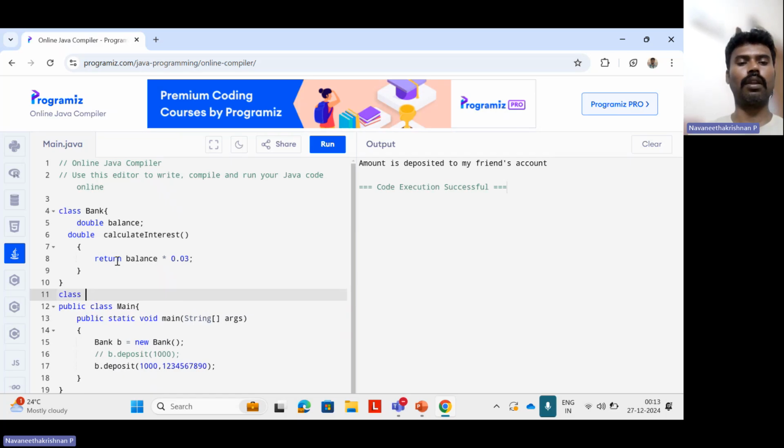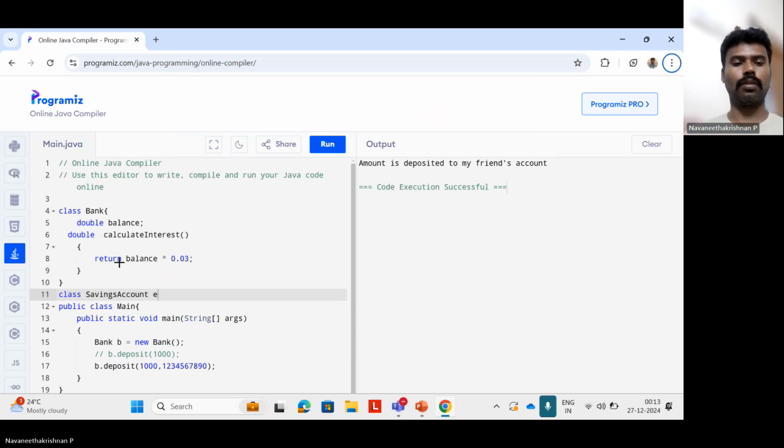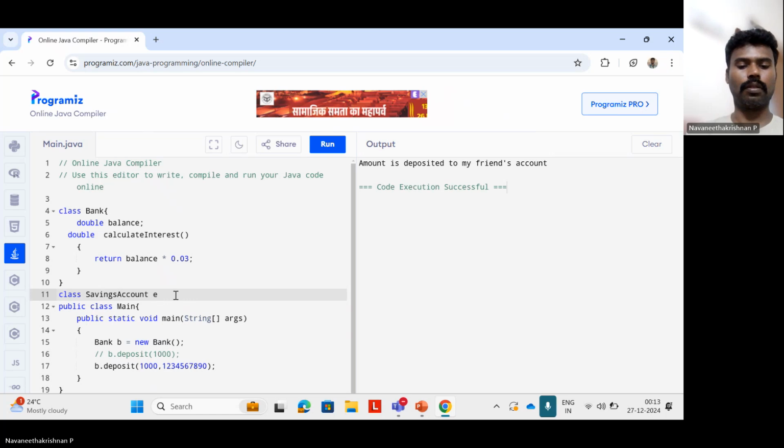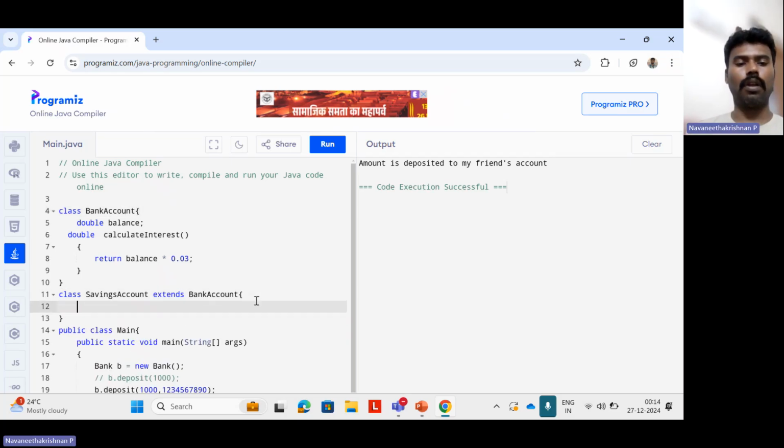Now we have another class called savings account, which extends bank account. Here we are overriding, because the rate of interest for a general account and for a savings account is different.